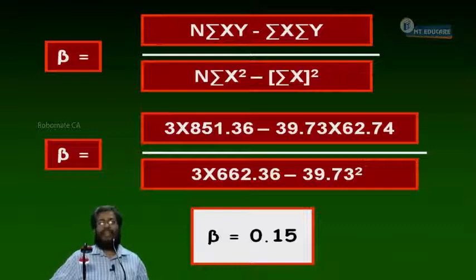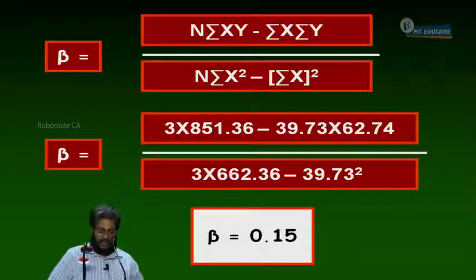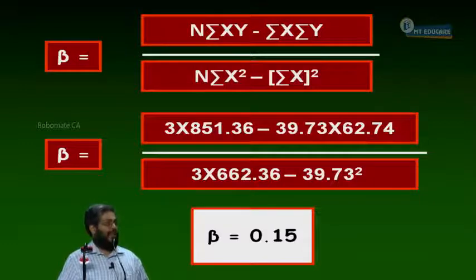Y is equal to beta x plus alpha, where beta is the slope and alpha is the constant.